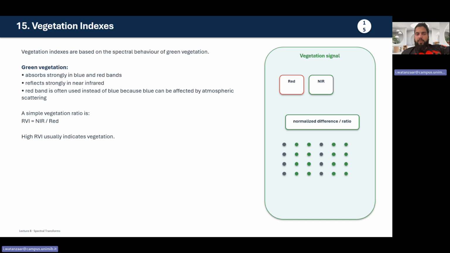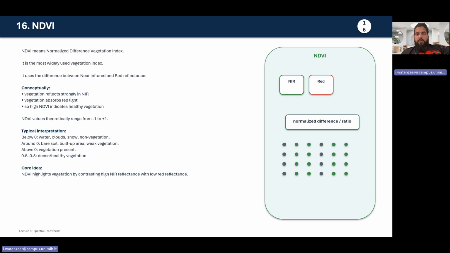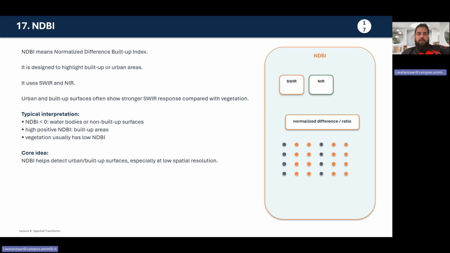This is the simple vegetation ratio, RVI, equal to near infrared divided by red. This is a very simple index, and this is NDVI, where we are only contrasting the near infrared reflectance with the low red reflectance.